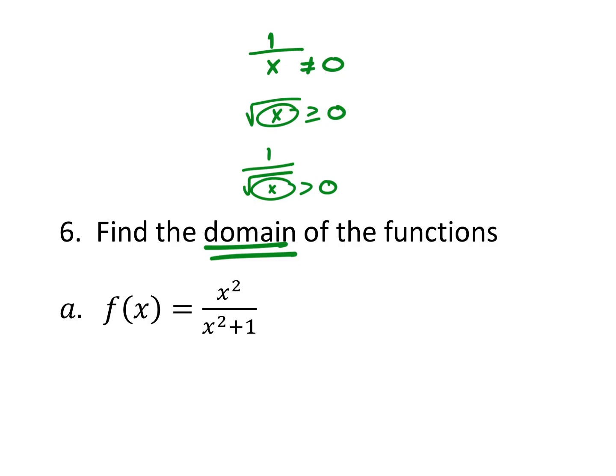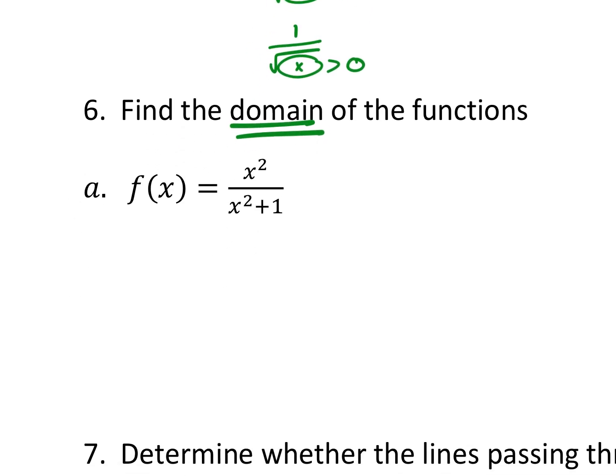All right, so for A, since x is in our denominator, we would set it not equal to 0 to find the domain. Subtract 1 on both sides, so we just solve normally. X squared cannot equal negative 1. If we take the square root of both sides, what do we get? What's the square root of negative 1? I. Well, plus or minus i. But we can't have imaginary in our domain.